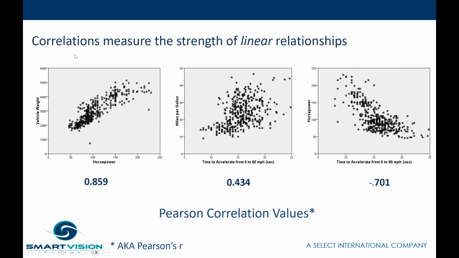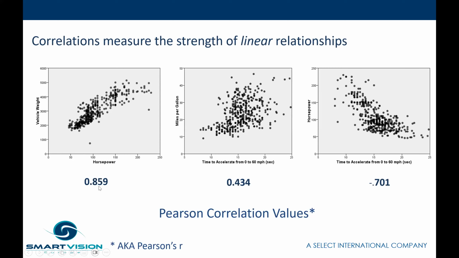So correlations are used to measure the strength of the linear relationships in these scatter plots. We're going to return to correlations in the next webinar, and we're going to look at it in much more detail, how it's calculated, and what different types of correlations there are. But if you assume that this correlation here is looking at the relationship between cars of different types, so each of these dots represents an automobile, and we have recorded the horsepower and the vehicle weight.